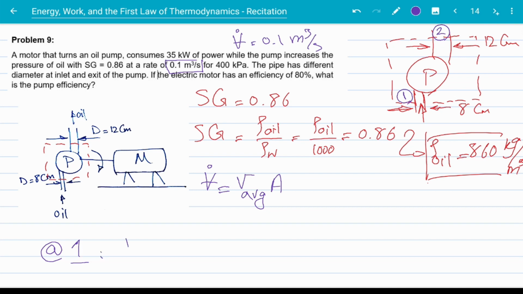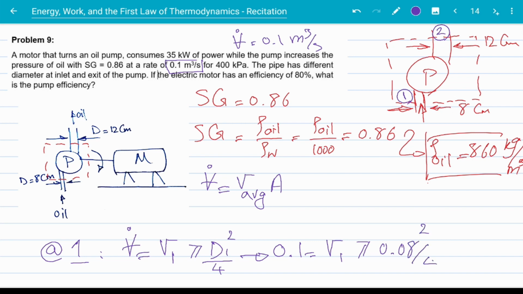At the entrance, volumetric flow rate is velocity 1 times area, which is pi d1 squared over 4. Plugging in numbers, we get 0.1 equals velocity 1 times pi times d1, which is 8 centimeters, or 0.08 meters, squared over 4. From here, doing some calculations, we get that the velocity is 19.9 meters per second.